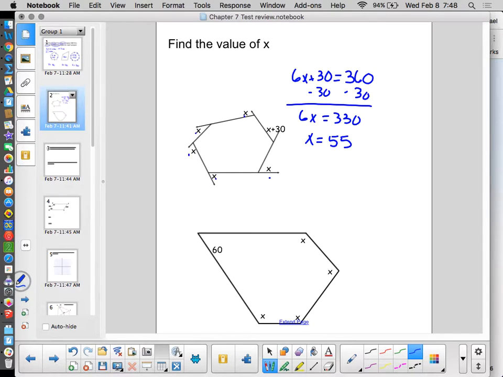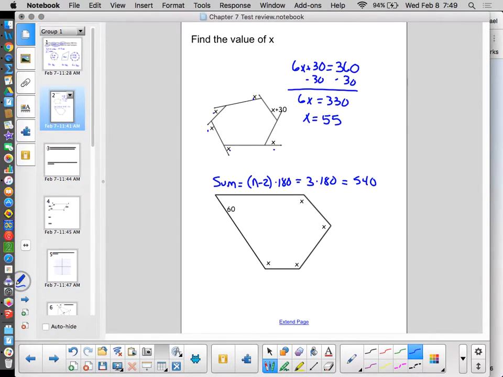Okay. How about here? 1, 2, 3, 4, 5 angles in that one. We're measuring the interior angles. What do they have to add up to? Well, we're first going to have to find the sum, right? The sum is the number of sides minus 2 times 180. That's what we just did. So that's 3 times 180, because 5 minus 2 is 3, which is 540.